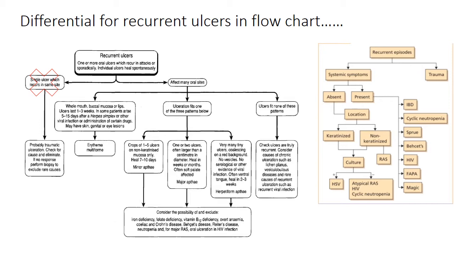Let us say, for example, if the scenario did not have a patient with just 5 or 6 ulcers, and instead the patient has multiple pinpoint ulcers associated with fever, then your flow chart will be more focused towards the herpetiform type and viral infections, and other viral infections could be included into this flow chart as well.